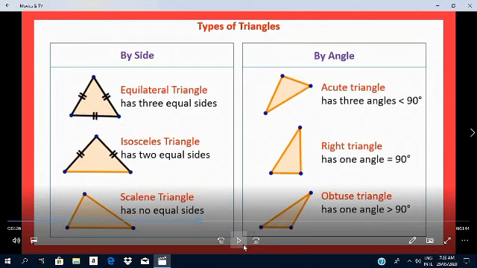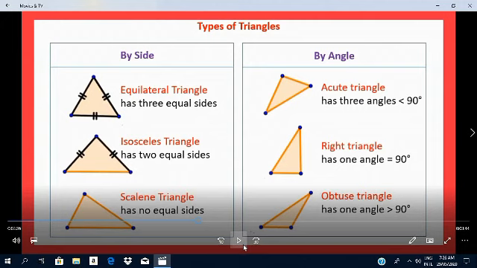Now the last one is obtuse triangle. Obtuse triangle has one angle greater than 90 degrees. So obtuse angles are angles greater than 90 degrees but less than 180 degrees.